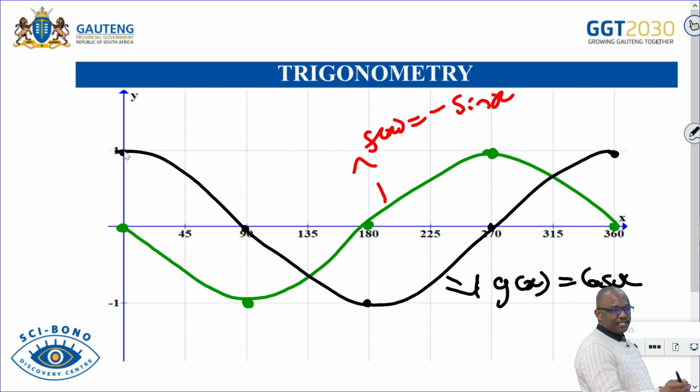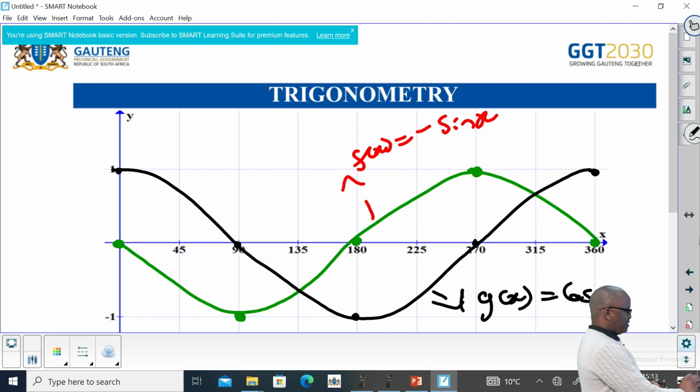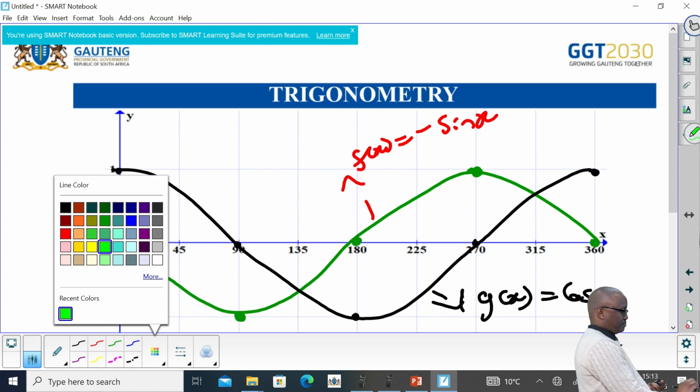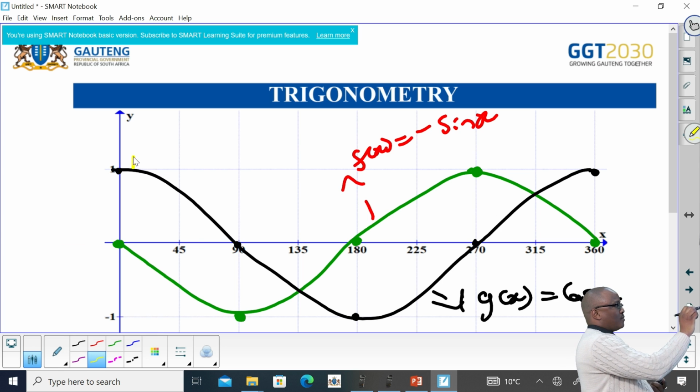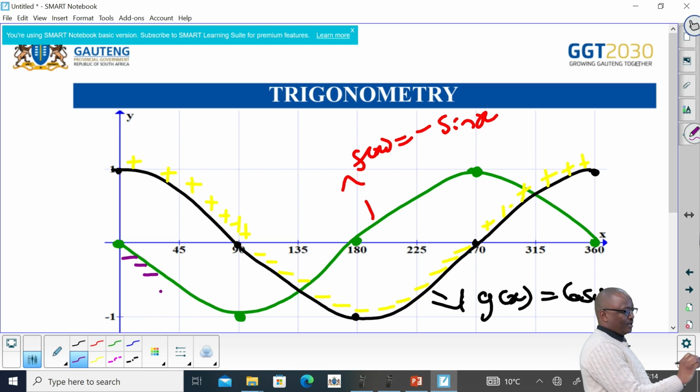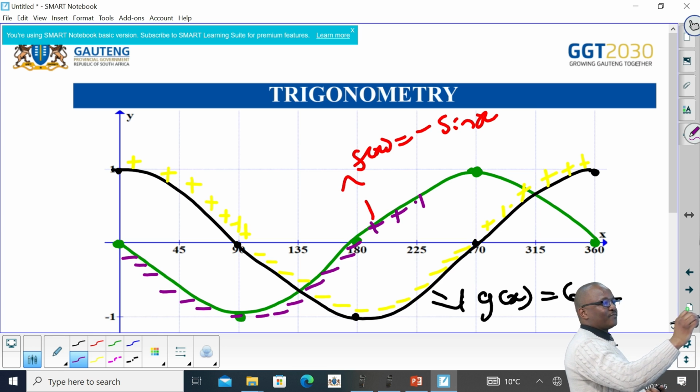So, in this case, this graph is positive, then negative, then positive. Then the other one is negative, then positive.